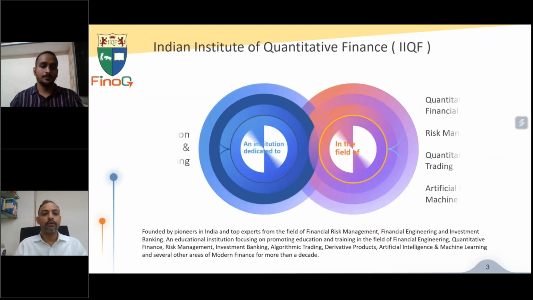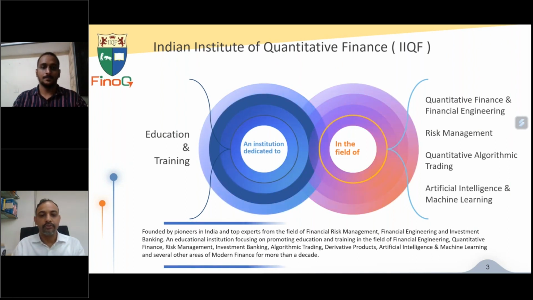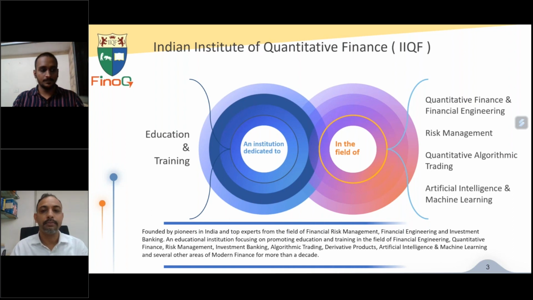Right. So as most of you already know, but just to give a very brief intro about ourselves, we are the Indian Institute of Quantitative Finance, and we specialize in education and training in the field of quantitative finance, financial engineering, risk management, quantitative algo trading, artificial intelligence, and machine learning.